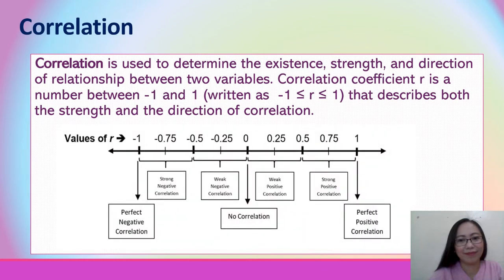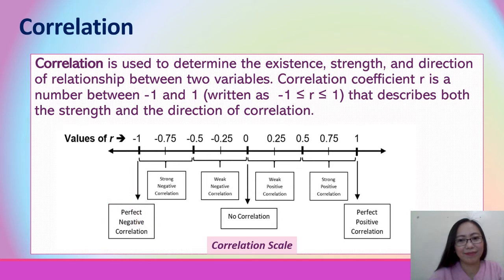We have here our correlation scale. We have the r values between -1 and 1, and you should not see values of r greater than 1 or less than -1 here. For our interpretation purposes, we have here the indicators. At -1, we have a perfect negative correlation.